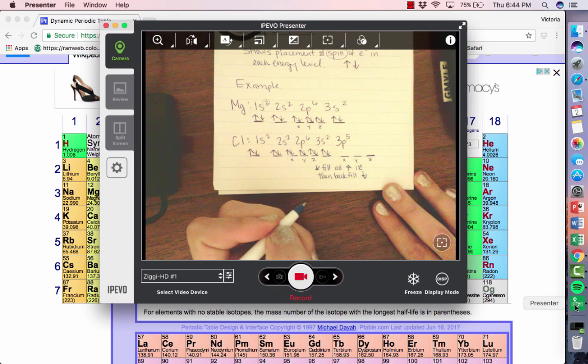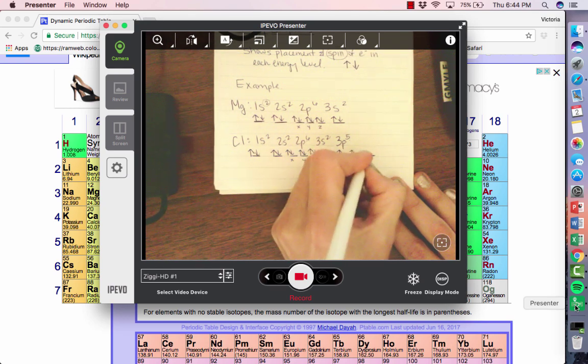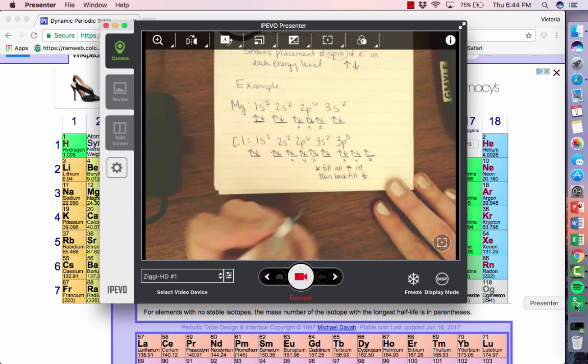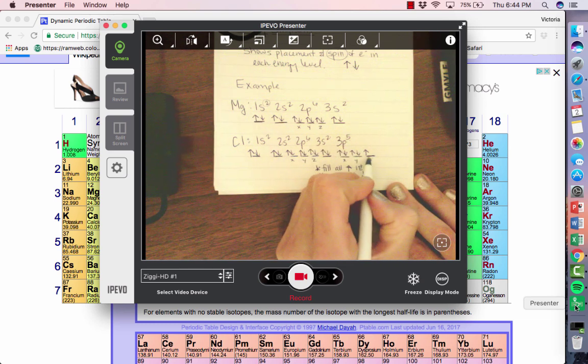Okay, so I'm going to fill my up arrows first. Up, up, up, backfill, down, down. So these ended up being full, but my Z lobe over here ended up with an extra space like that.